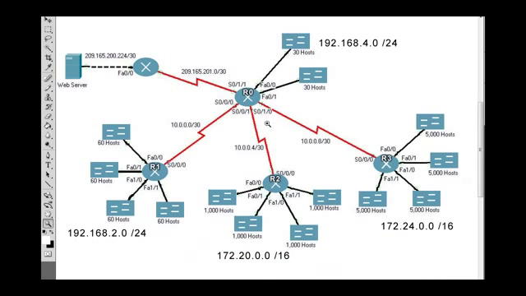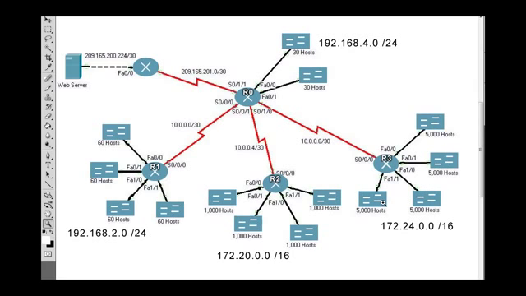The last summary route that R0 would need is so that it could reach these 4 networks over here, attached to router 3. One static route from R0 could reach these 4 networks, as long as they were contiguous and a continual address space.